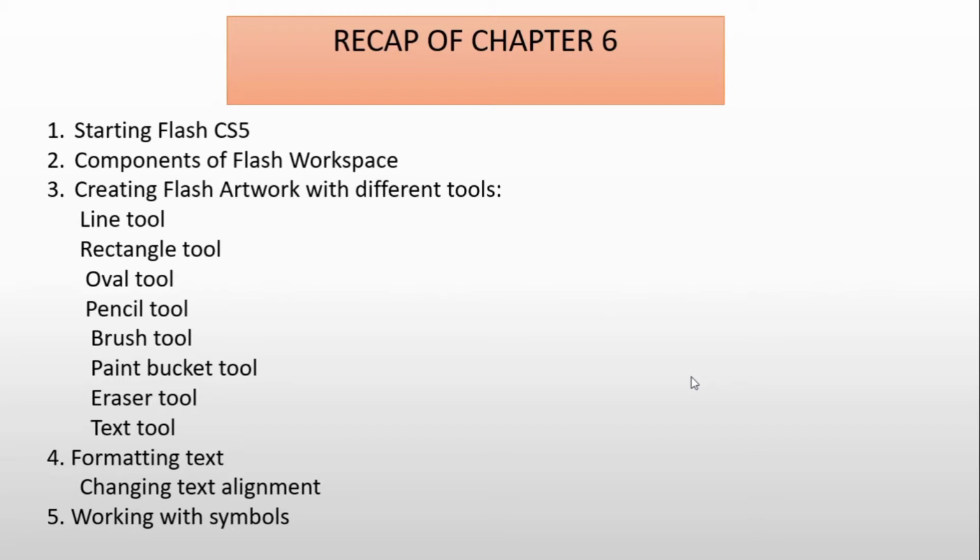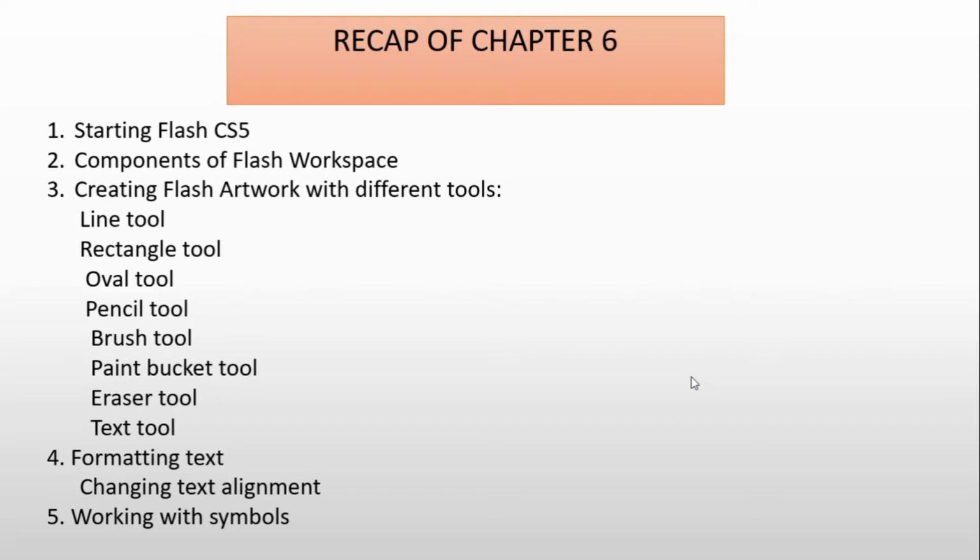In chapter 6, we covered a few important topics such as starting Flash CS5, components of the Flash workspace, creating Flash artwork with different tools such as line tool, rectangle tool, oval tool, pencil tool, brush tool, paint bucket tool, eraser tool, and text tool. Formatting text, changing text alignment. At last we covered working with symbols.